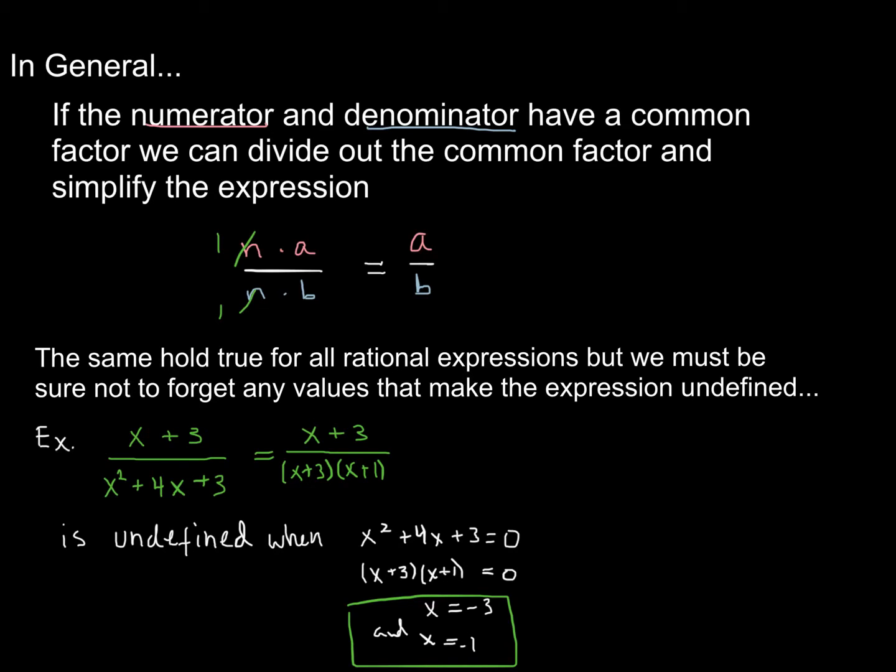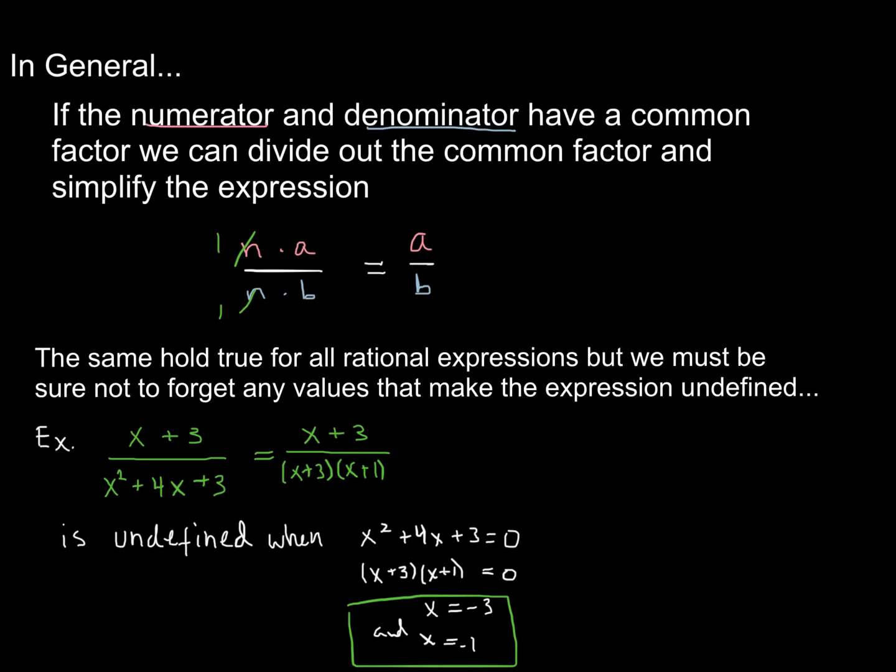Now, notice that the numerator and denominator have a common factor. In the numerator, I have an x plus 3, and in the denominator, I have an x plus 3. And notice that x plus 3 divided by x plus 3 is almost always going to be equal to 1. The only time it won't be equal to 1 is when it's 0 over 0. And we've already accounted for that.